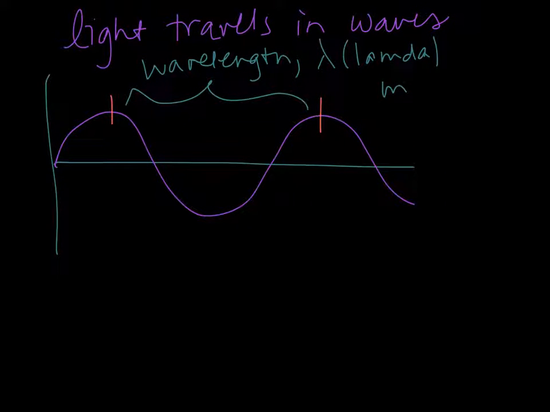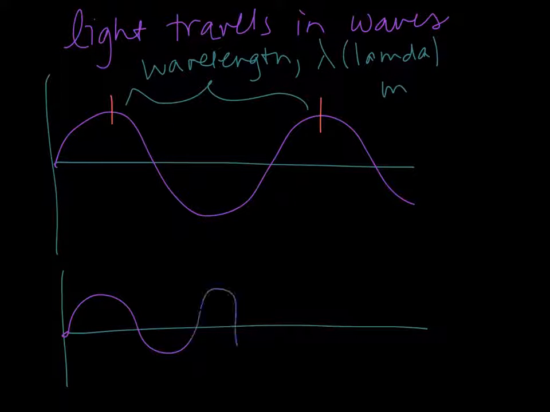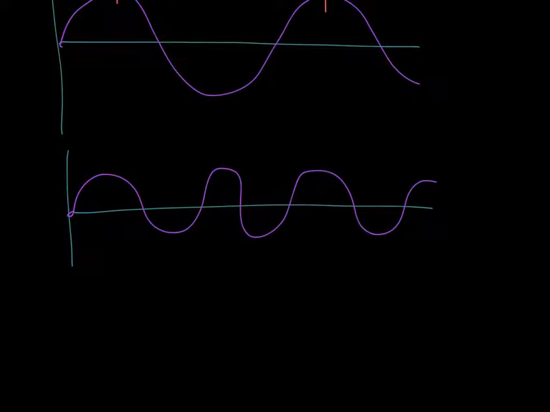And then we also have something called frequency. And so if I draw another wave down here, this one has a higher frequency because it's happening more frequently in the same amount of time. So I'm going to move these up a little bit, and I'll write that down here. So we have the word frequency.